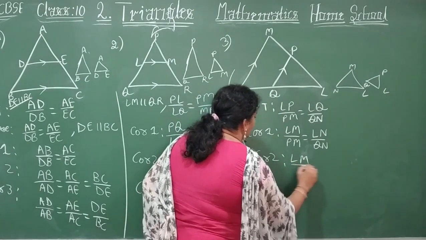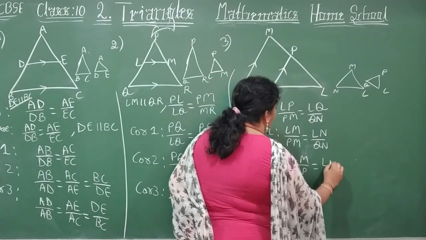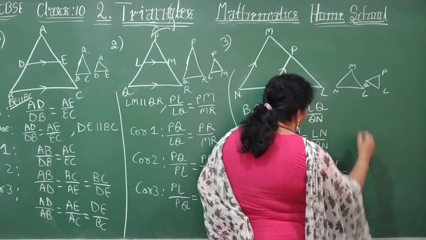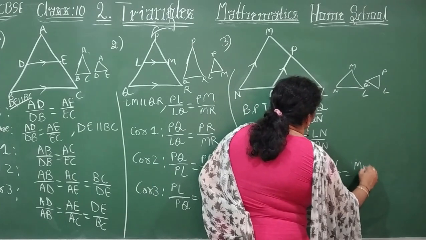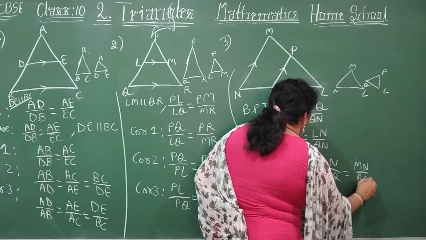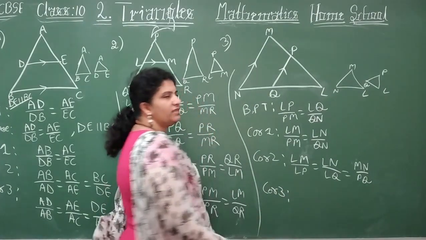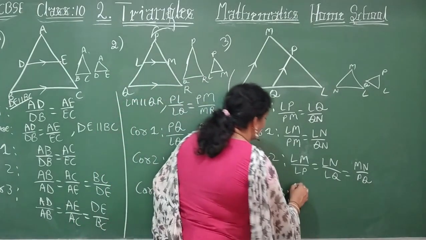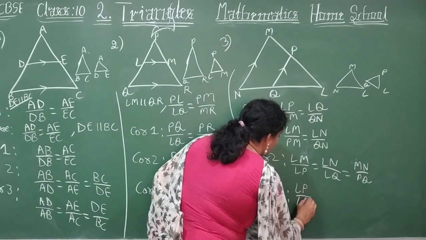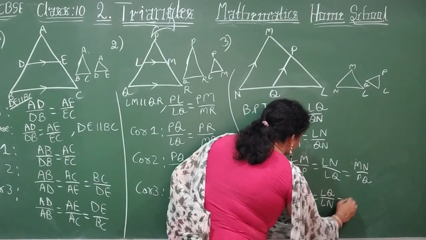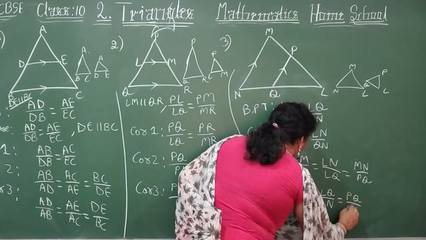LM by LP is equal to LN by LQ. And one more. What is one more here? MN by PQ. Then coming to your corollary 3. Corollary 3 is just the reciprocal of corollary 2. That is LP by LM is equal to LQ by LN is equal to PQ by MN.